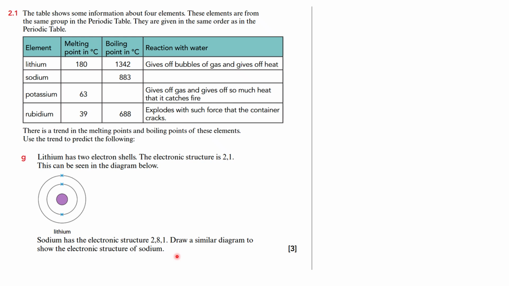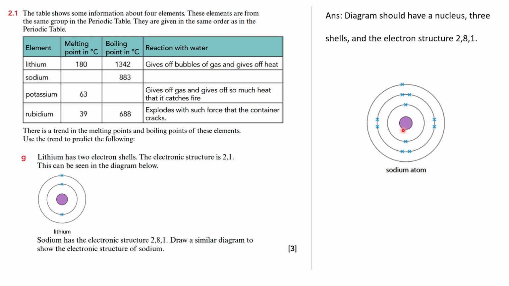They have also given you the exact electronic configuration. This is called the electronic configuration, or you can say electronic structure. With this you will understand how many shells there are. Since here we are provided with 3 values, this means there are 3 shells present. So firstly, you will draw a nucleus, then you will draw 3 shells.